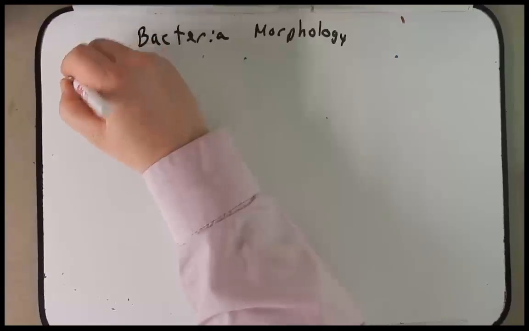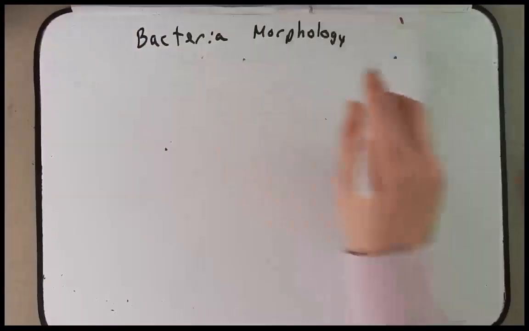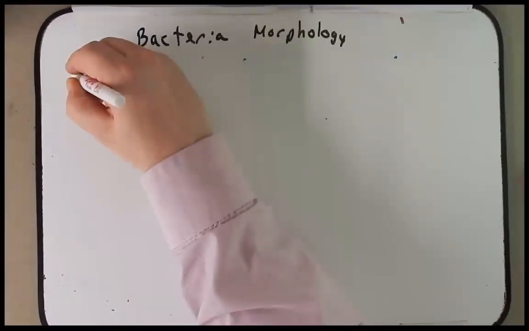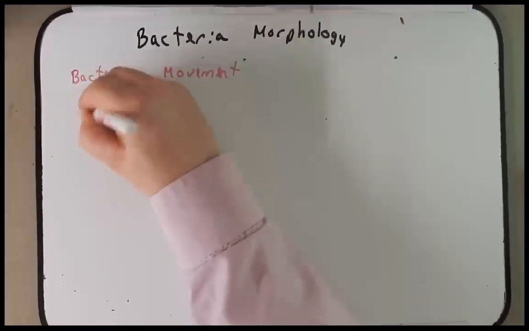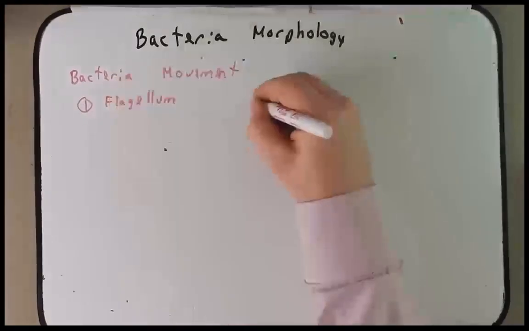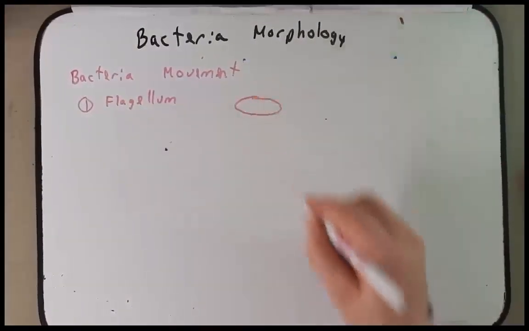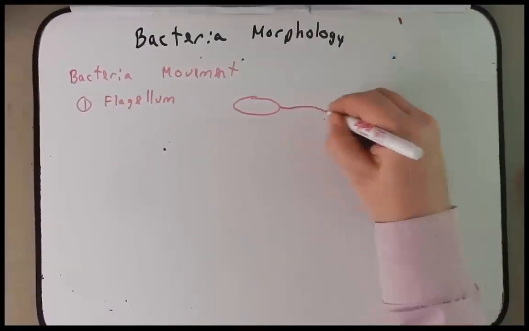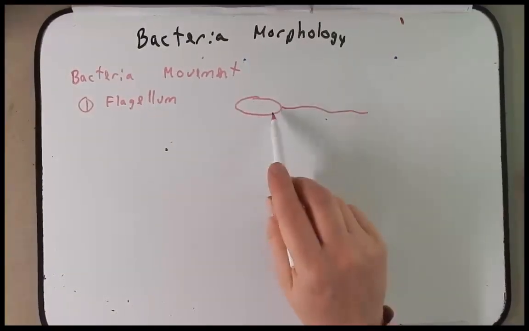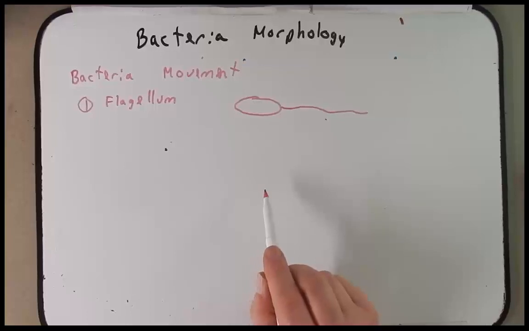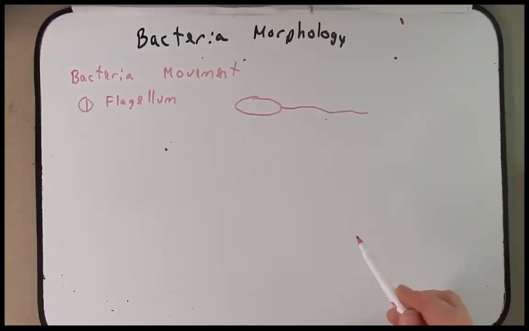Alright, the next thing I want to talk about, as far as how bacteria are different in their morphology, relates to their movement. One way bacteria move, as we've already discussed, is to use a flagellum. And as I described before, you have your bacterial cell here with the flagellum like so. Though we often refer to the flagellum of the bacterium and the flagellum of a sperm as both flagellum, they work very differently.